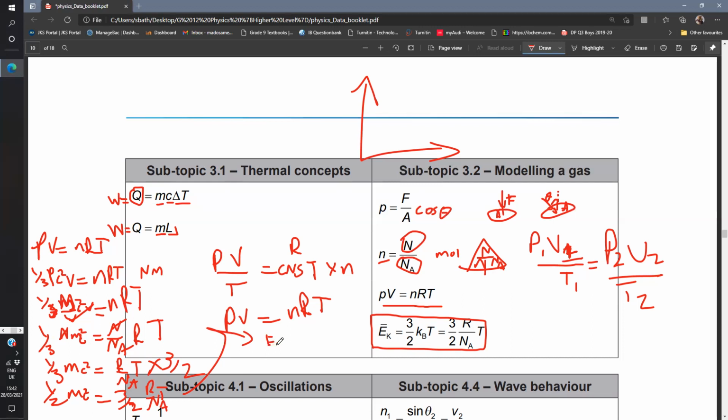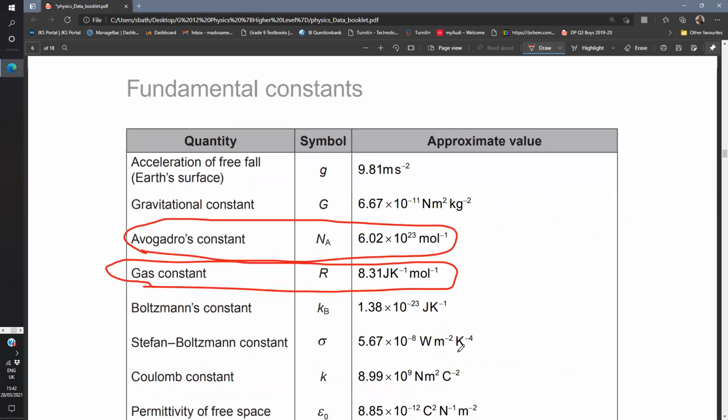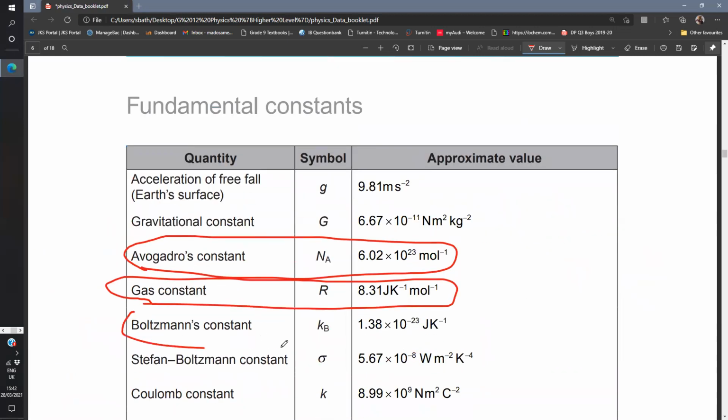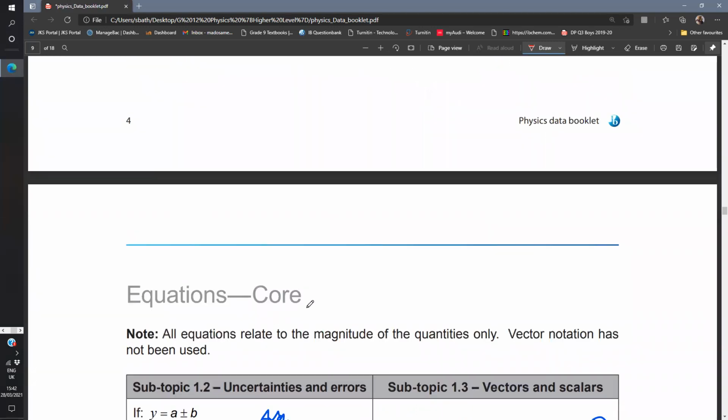So here we have EK is equal to 3/2 the Boltzmann constant and T. Although you could basically find the Boltzmann constant using R and NA, they already give it to you, so you don't need to worry about this. It's right here. So no need to worry about that.